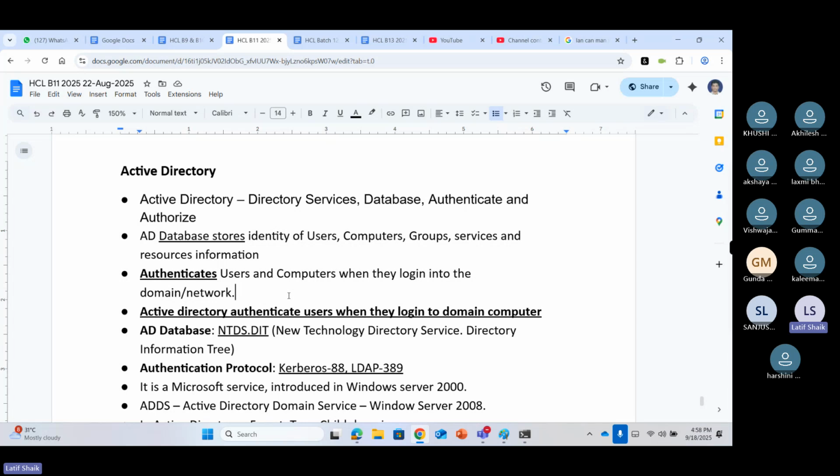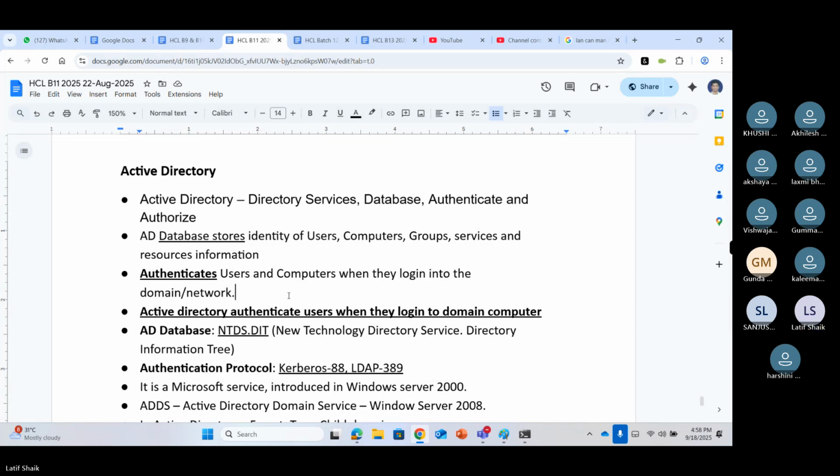So Active Directory, two services: database service, authentication and authorization services. First one is database service, right? So what is this database? We already know database, what it is storing: identity of users, groups, computers, resources, and service information in the database.